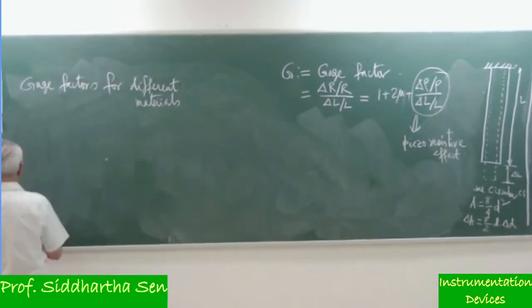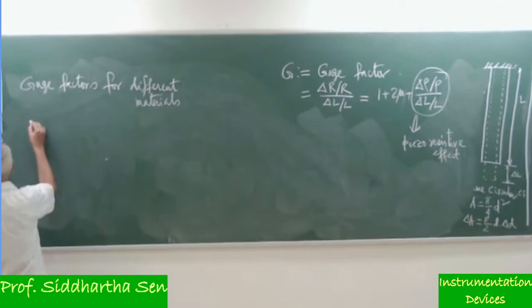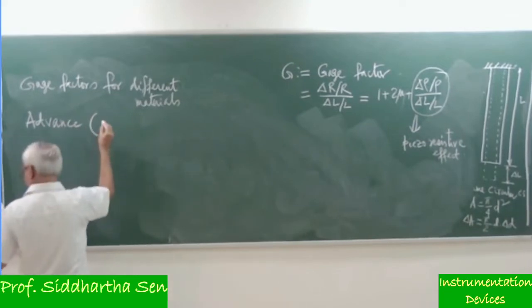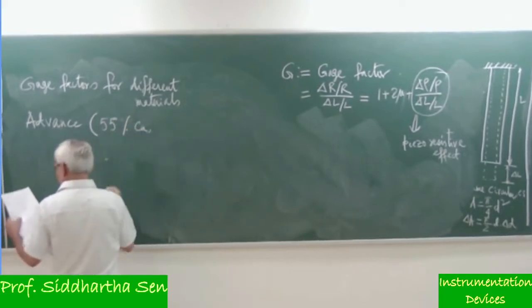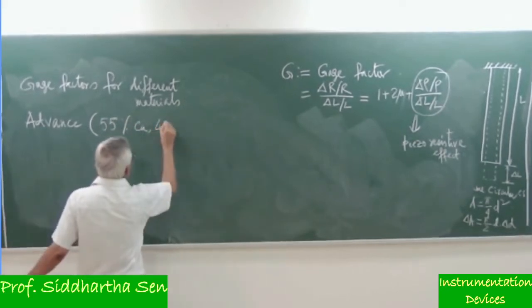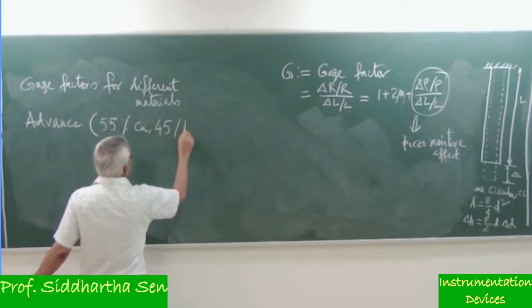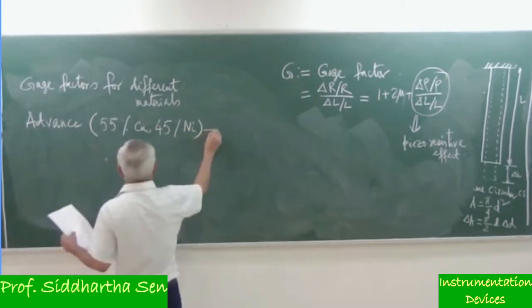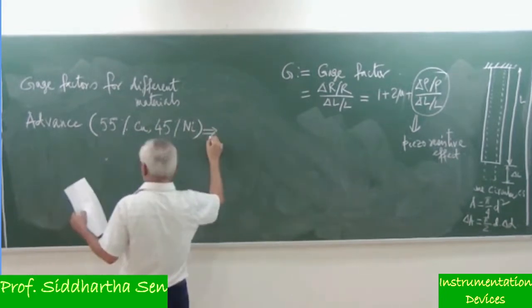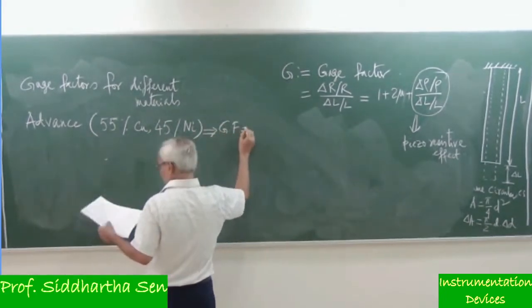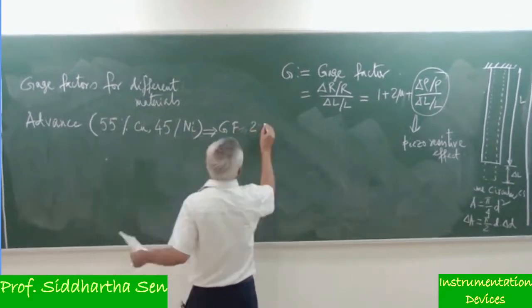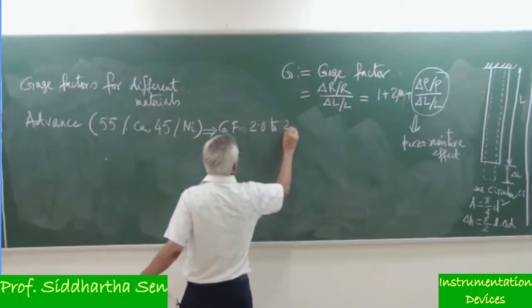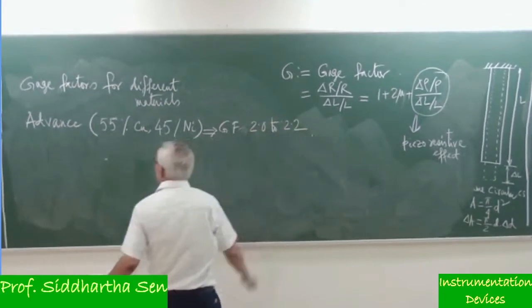Some of the materials, which is called advance, which is an alloy of 50% copper and 45% nickel, its gauge factor, in short we call it GF, varies between 2.0 to 2.2 there. Next is nichrome.